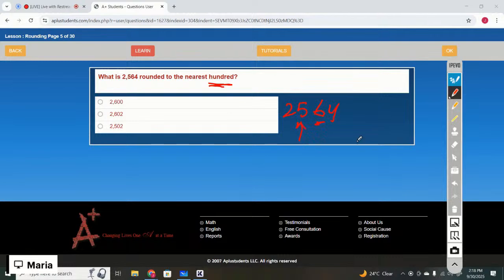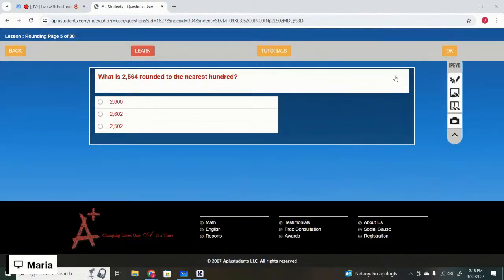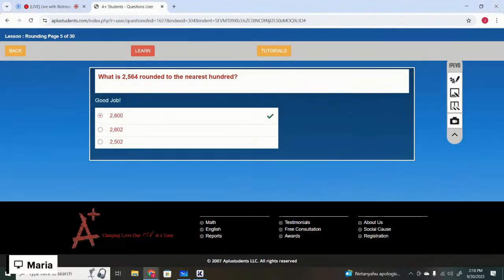Right next to 5 we have 6. 6 is greater than 5, so you need to round up, and you need to add 1 to 5, that is 6, and replace the other digits with 0. So it would be rounded to 2,600. Option number 1 is the correct option.